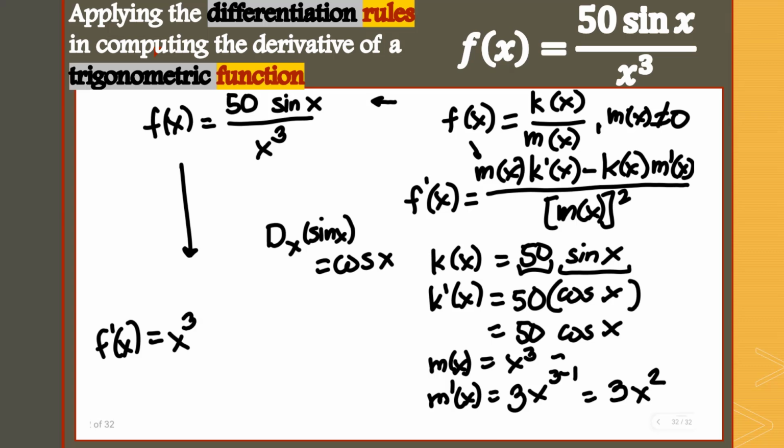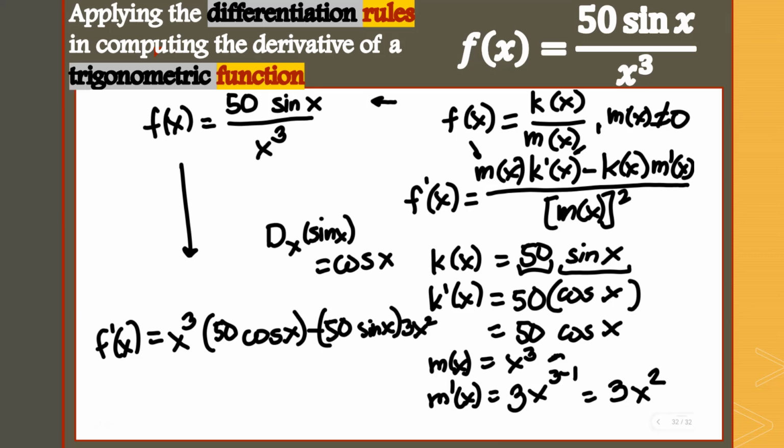We will start according to the rule: m of x, which is identified as x cubed, times the derivative of your numerator, which is 50 cosine x. Let me rewrite this. This is 50. I don't know if the space is enough, but let me try. Minus, again it's minus, your k of x is 50 sine x times the derivative of your m of x, which is 3x squared.